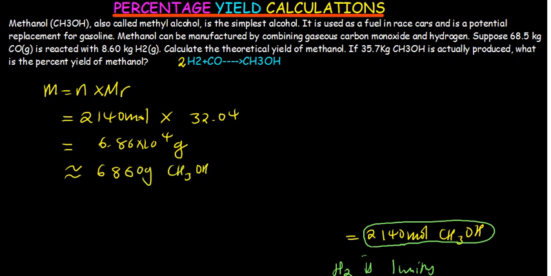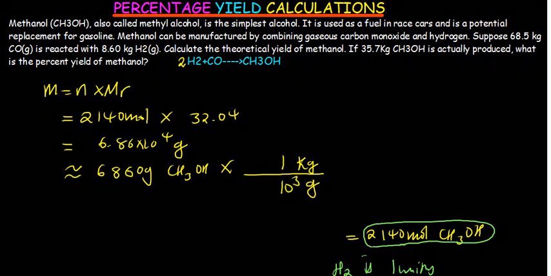Now, the actual yield has been given in kg, so let me just convert this to kgs. I've got a gram on top here, so I'm going to put a gram down, and then a kg. We know that in every 1 kg we have 1000 grams, so we just divide this number by 1000.